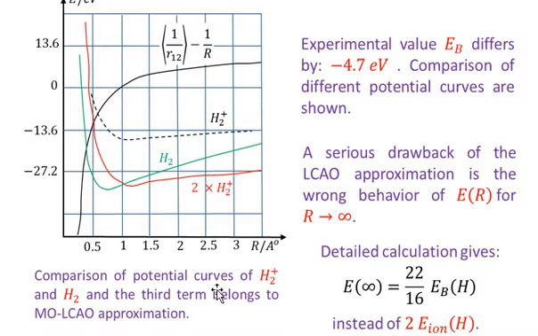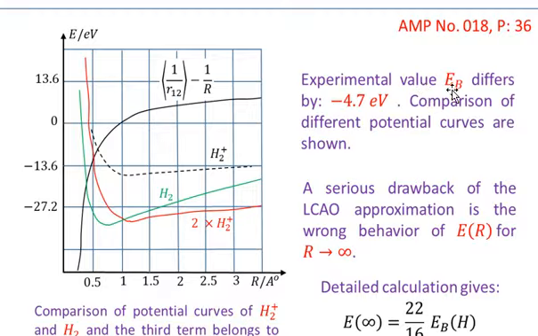The caption is: comparison of potential curves of the singly ionized hydrogen molecule and the hydrogen molecule, and the third term belongs to the molecular orbital LCAO approximation.